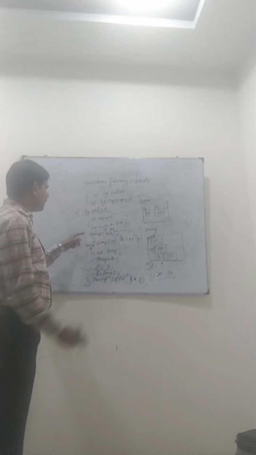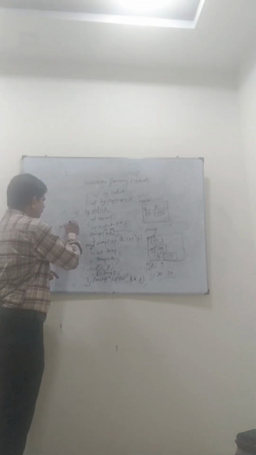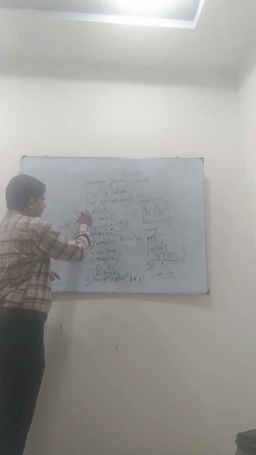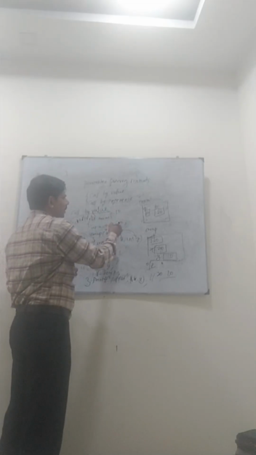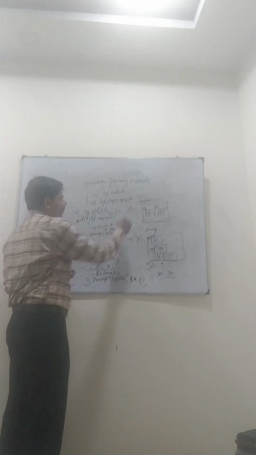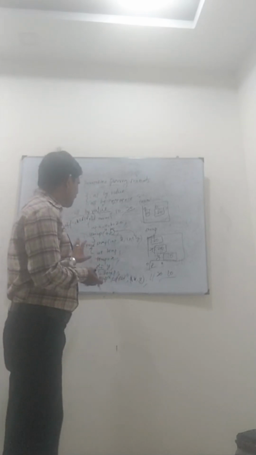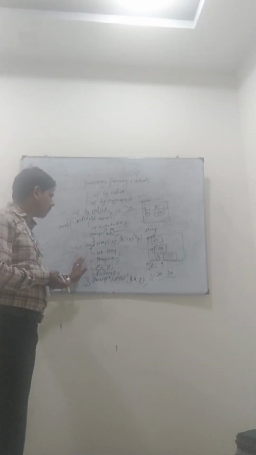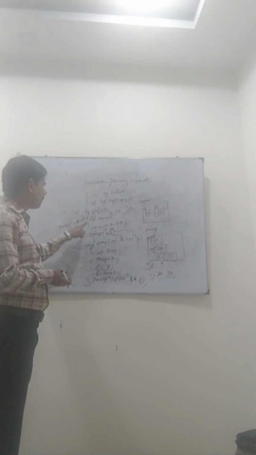But here, in the main program, now print percentage d, percentage d, the a value and b value. The output of this one: a value remains 10 and b value remains 20. The changes are made only in the subprogram. It will not reflect in the main program.